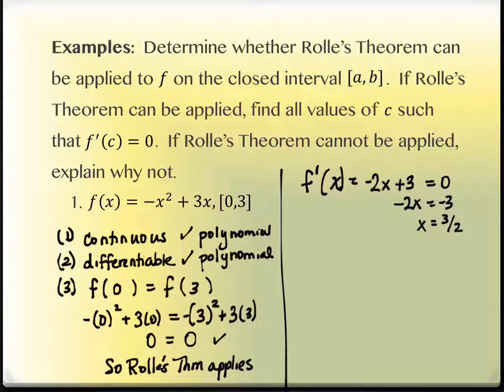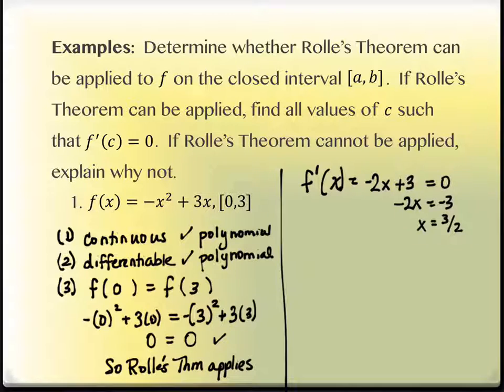Now, let's say for a moment, and the case will happen eventually later, that I got 2 or 3 or 4 answers. Maybe I get more than just one, right? And even just getting this one, I need to make sure that the answer I'm getting is located between the endpoints. Because that's what Rolle's theorem says is supposed to happen. Not just that I get one, but that it's happening between 0 and 3.